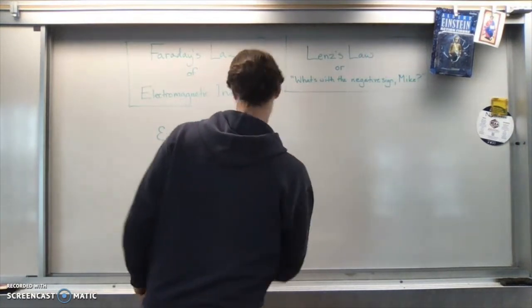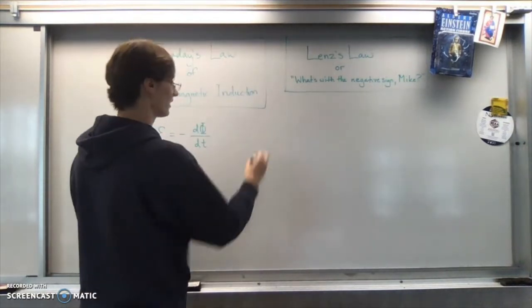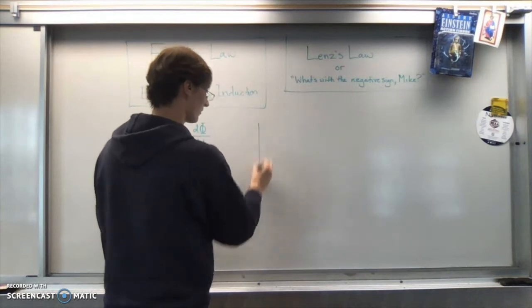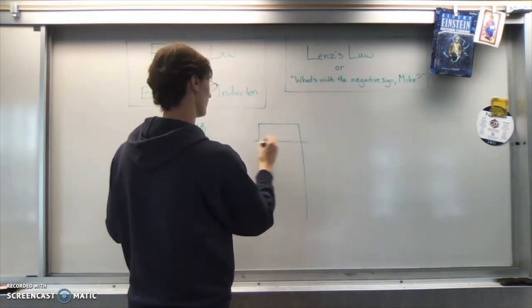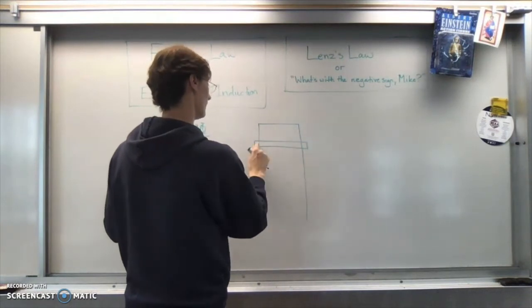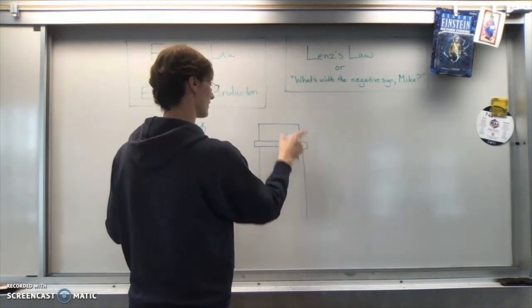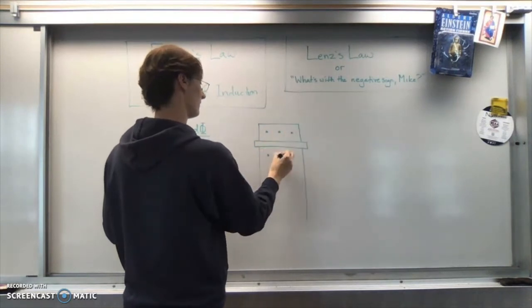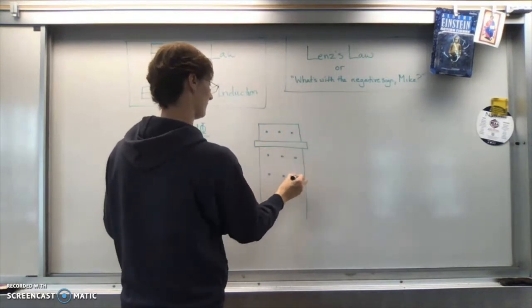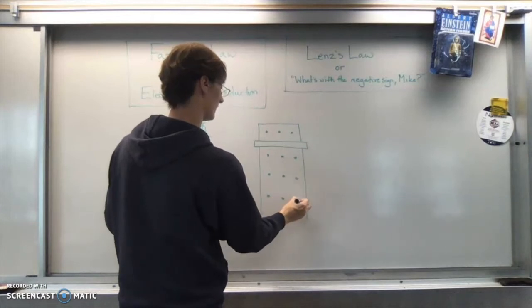Let's get rid of that. Because motional EMF looks a little bit different and also allows us to talk about some other important observations relating to Lenz's law. All right, so there's our bar that's going to slide down the contacts. I guess I'll put dots. There we go.